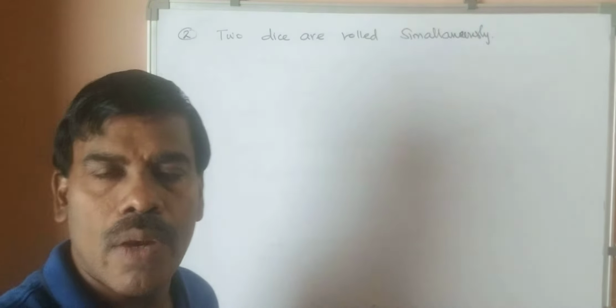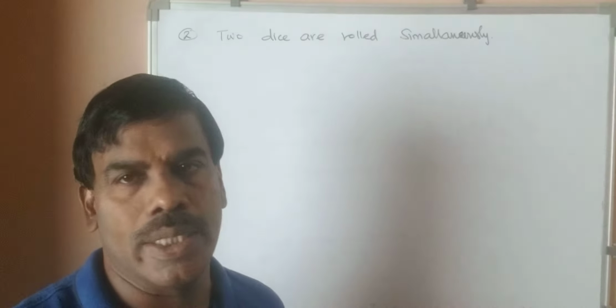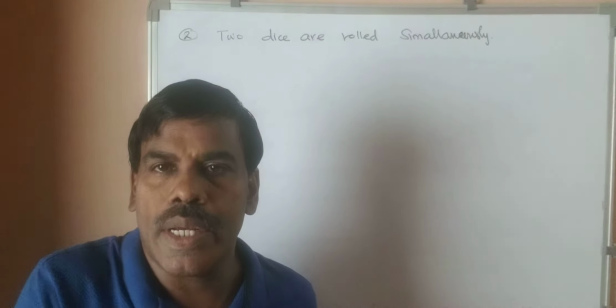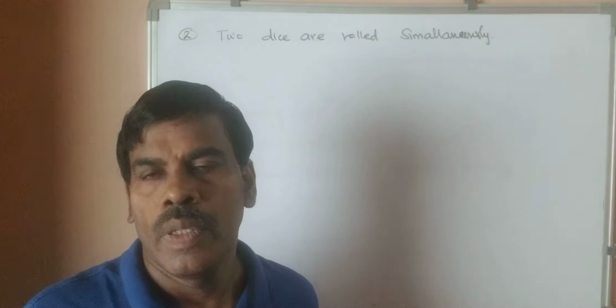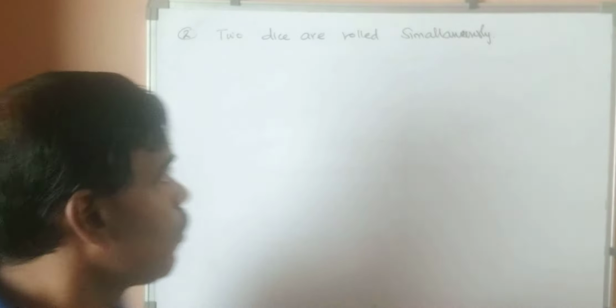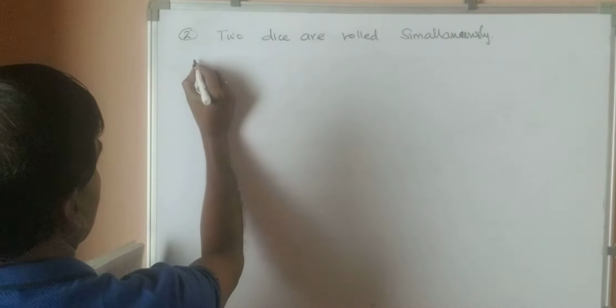Now you listen, what do you mean by simultaneously? That means you take both the dice in your hand at a time and throw them. Simultaneously means at a time. So what will be the sample space?